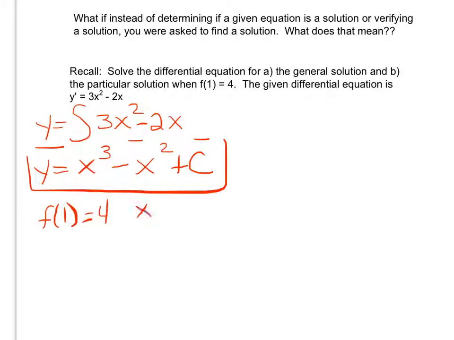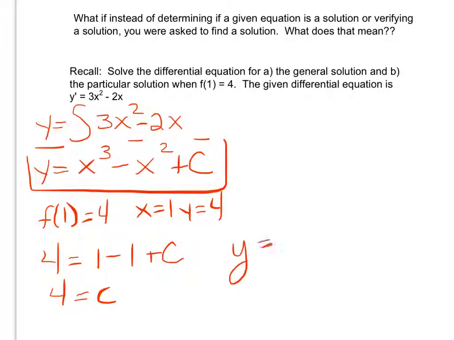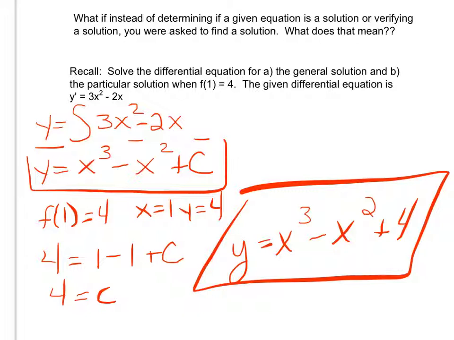I'm being told that x is 1, y is 4, and I get 4 equals 1 cubed minus 1 plus c. So c equals 4, giving me my particular solution of y equals x cubed minus x squared plus 4. And there would be my particular solution.